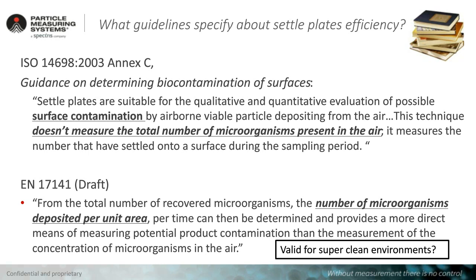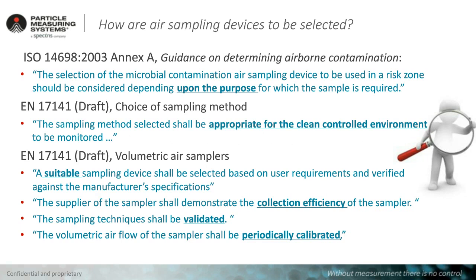Let us have a small look as well at how the regulations and the standards give us education and support in how to select air sampling devices. ISO 14698 says that the selection of contamination air sampling devices should be done upon the purpose for which the sample is required.